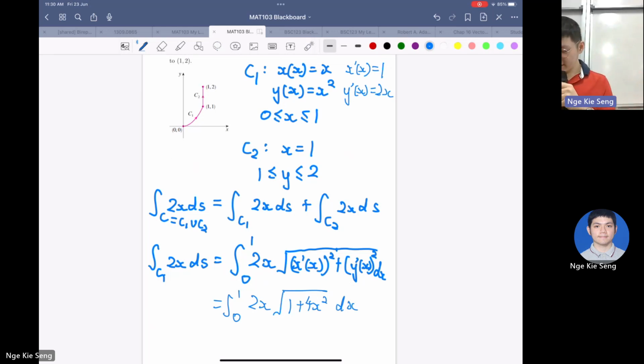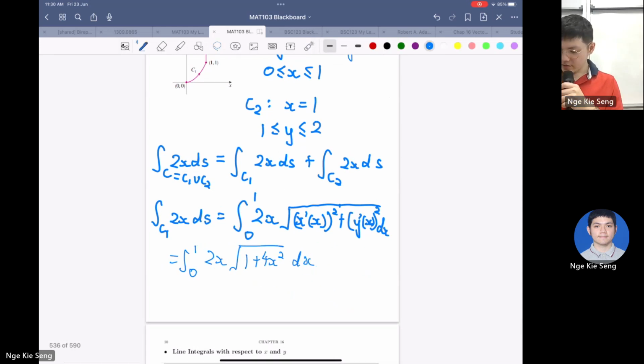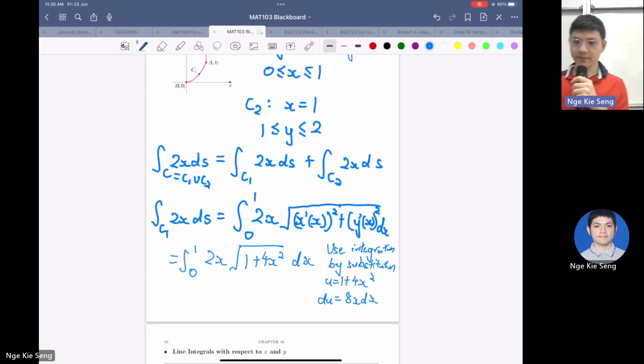To do this integral, you need to use integration by substitution. You can let u equal 1 plus 4x squared, and then du equals 8x dx.